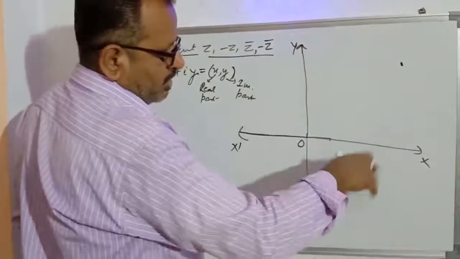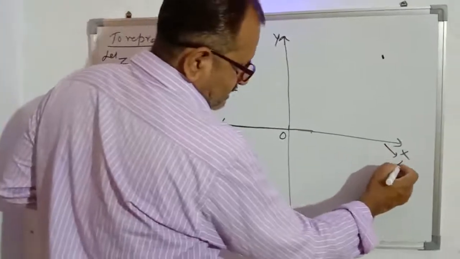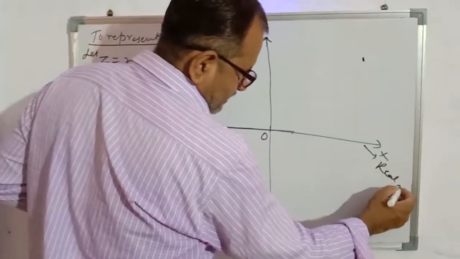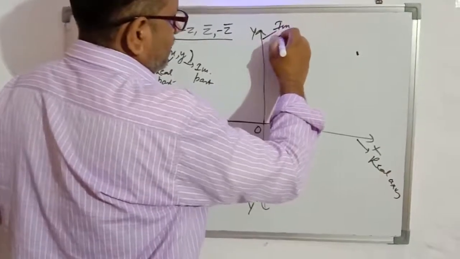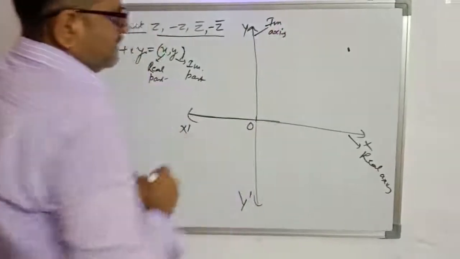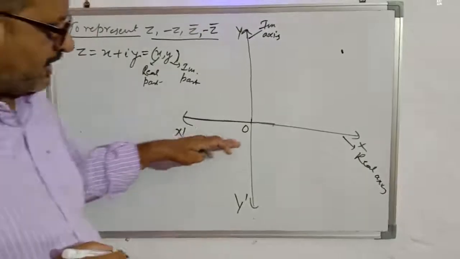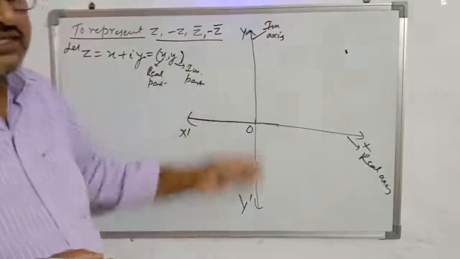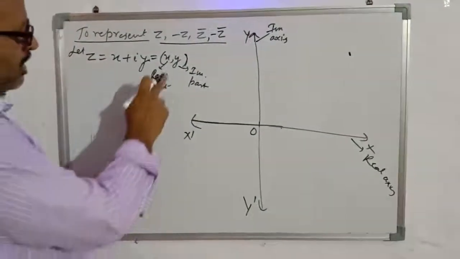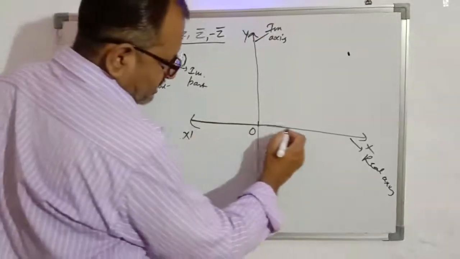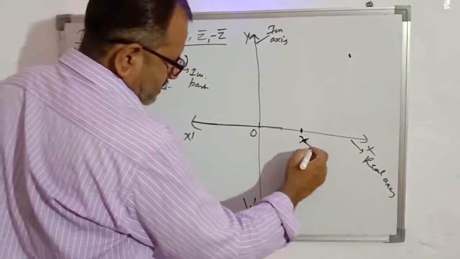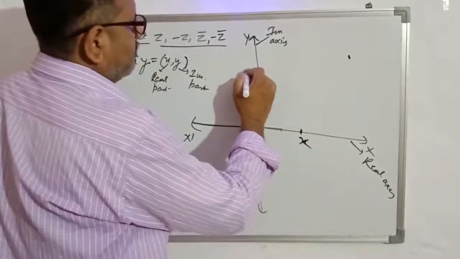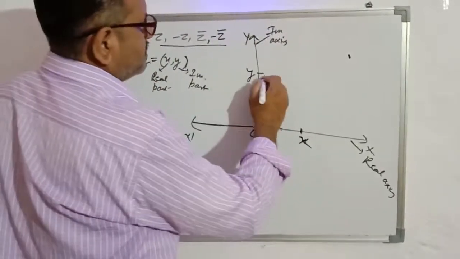This plane is the Argand plane. The x-axis is the real axis and the y-axis is the imaginary axis. So here we are taking the x-axis as the real axis and the y-axis as the imaginary axis. Ordered pair (x, y): x units on the x-axis and y units on the y-axis.